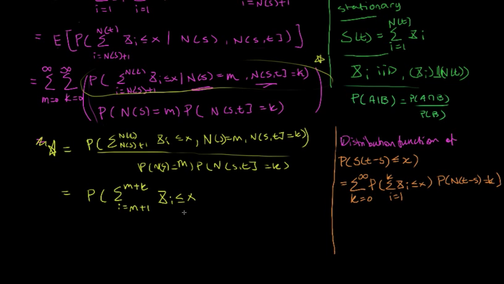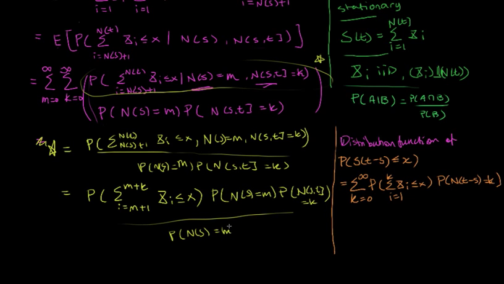However, now we have that this event is actually independent from this event, so I can take this out into a separate probability. And these two are independent, so I can also just take these two out and divide by the denominator.